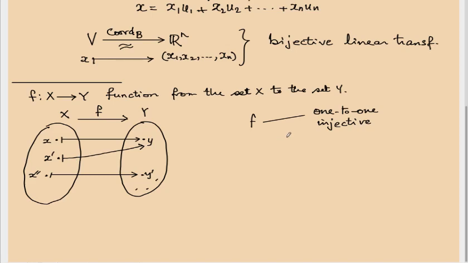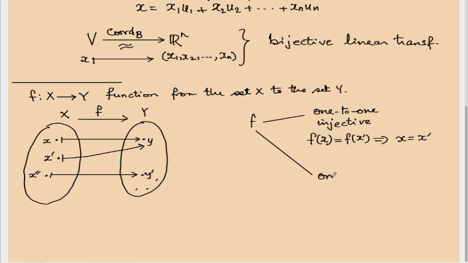That means distinct elements have distinct images, or in other words, f(x) equal to f(x') would force x equal to x'. That is injectivity. So that is one kind of function.